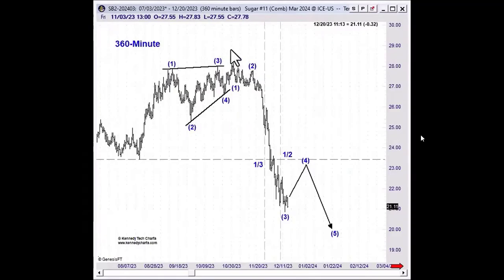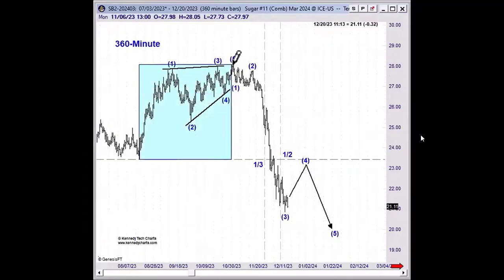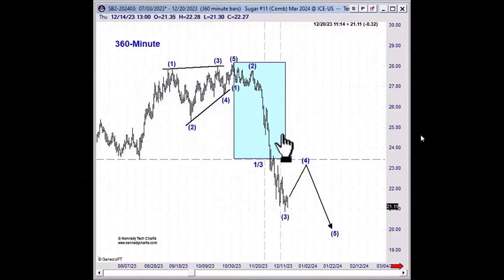Okay, so what we're going to be doing here is measuring the duration of the pattern, start to finish. And if everything goes according to plan, we're going to see us trade back under the origin of the pattern, 23.42, in 1/2 to 1/3 the time it takes the pattern to form. So this would be approximately half the period of time. I've gone ahead and marked those with vertical lines on your price chart.